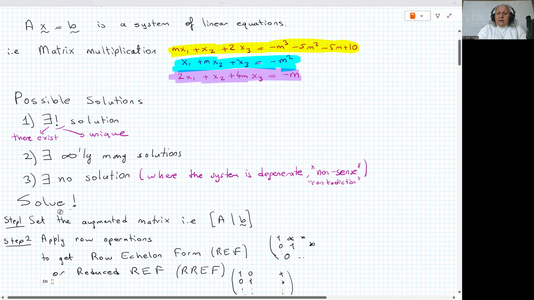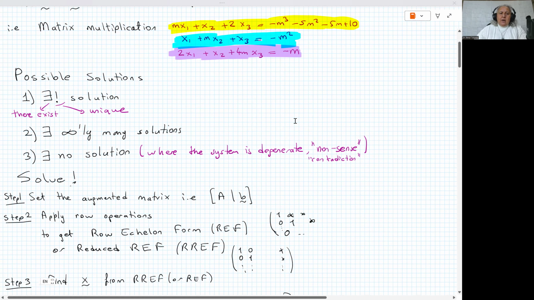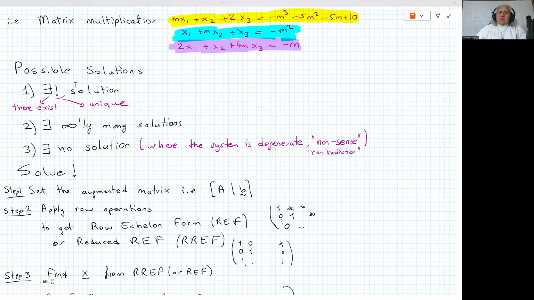So then what we do, there are three different types of solutions that we are going to get. One of them is the unique solution. This is a shortcut writing for us. So this means there exists, and this means the unique. So there exists a unique solution is one of the options that we can get. And there exist infinitely many solutions, and there exists no solution. These are my shortcuts.